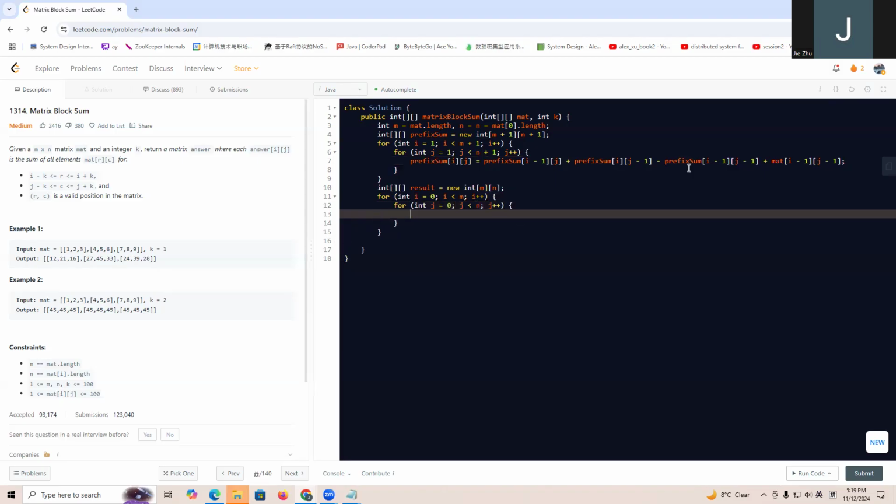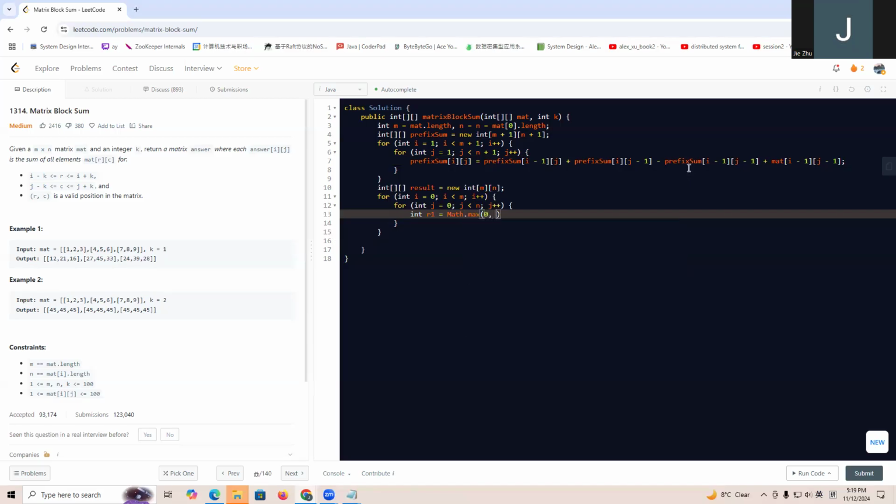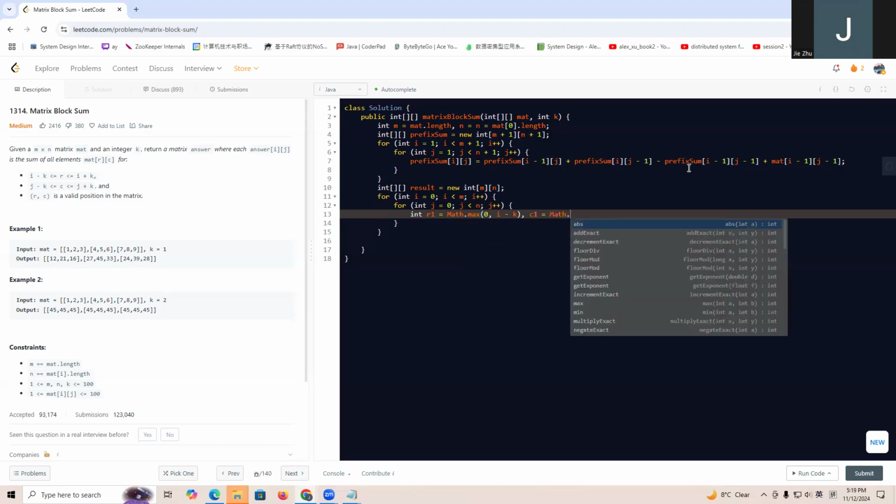Let's get the top left row. Row 1 equals Math.max, because we cannot be negative, of 0 and i minus k. Then we'll have column 1, which cannot exceed the left bound.